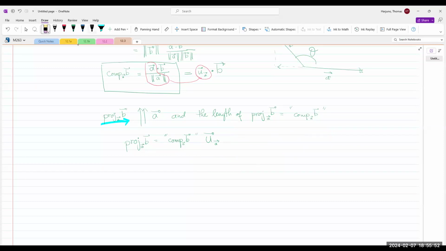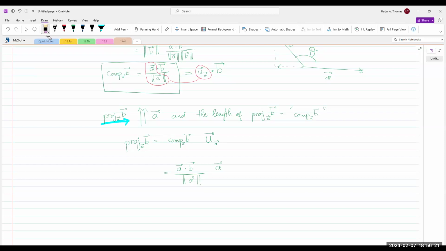So component of B onto A, we have had that earlier. Component of B onto A is A dot B over magnitude of A, right? And then unit vector of A is A over magnitude of A. By the way, this is not dot though.